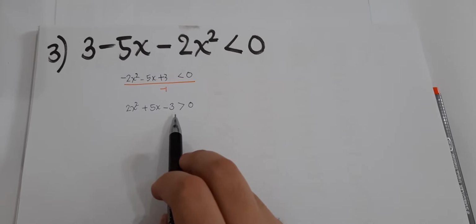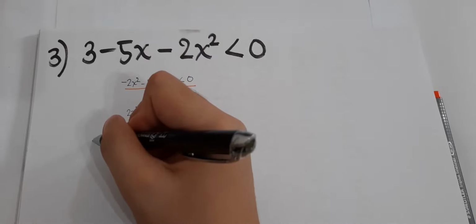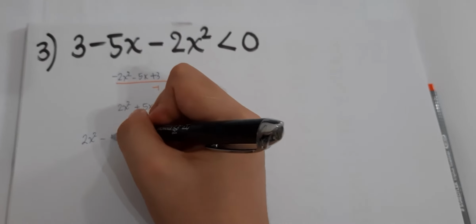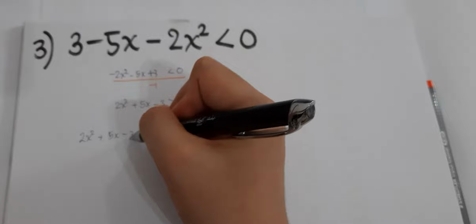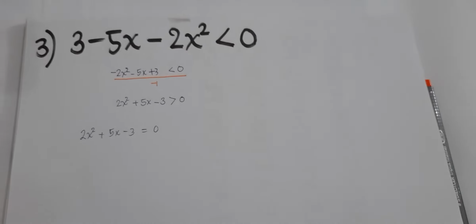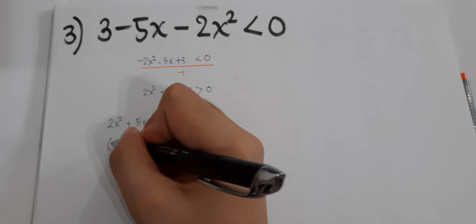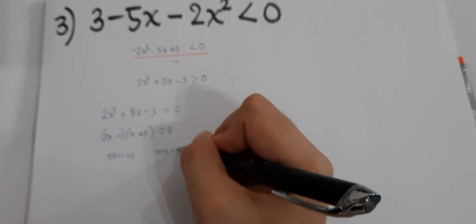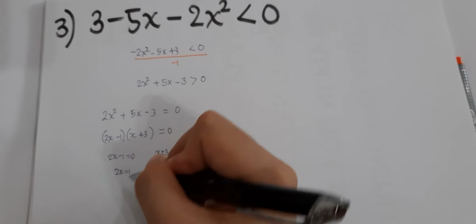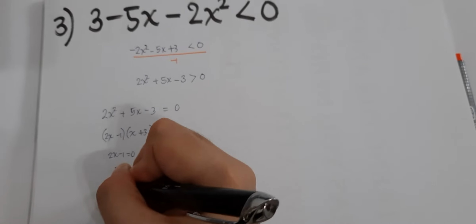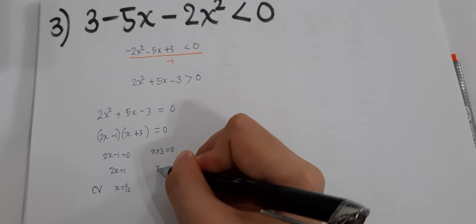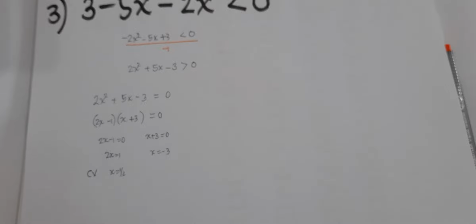Now, I have my new inequality, so I can continue solving by finding my critical values. How? Making it an equation and factorizing this. So what will be the factors? 2x plus 3, x minus 1. Equating all the factors to 0, this will be my first critical value, and this is my second critical value.